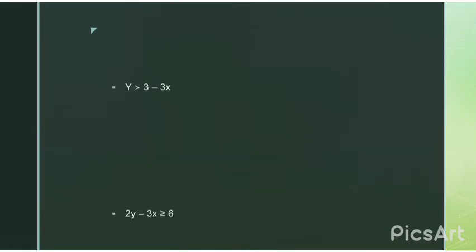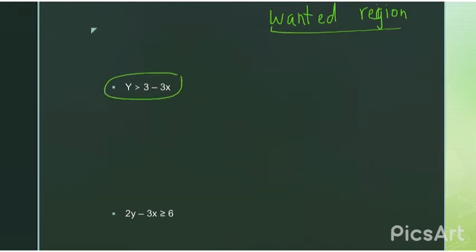Now let's solve these inequalities. Let's graph them. So here we need to shade the wanted region. Now you need to understand what wanted region means and what unwanted region means. Wanted region means the region which is asked by the question, which satisfies the equation.